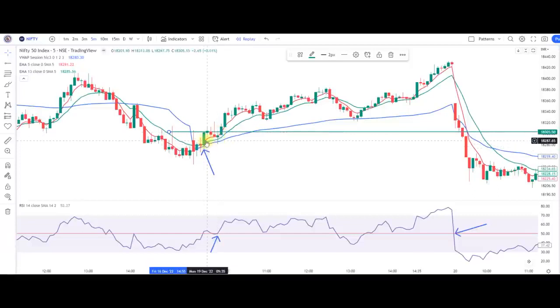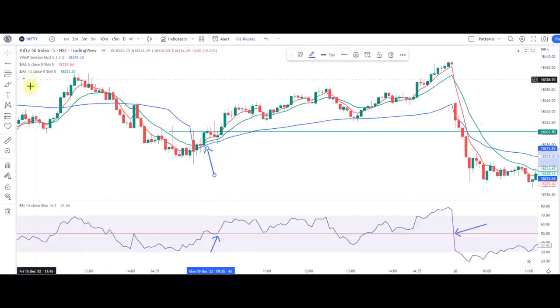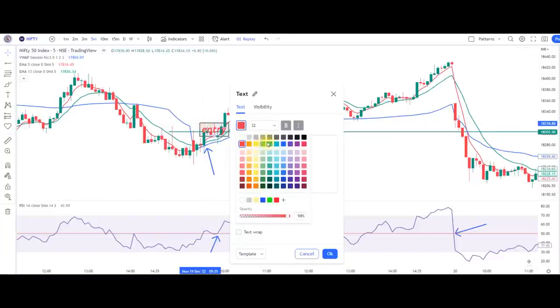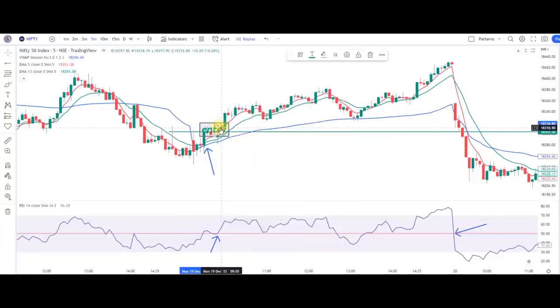The stop loss is always the low of this green candle. So here is the entry.